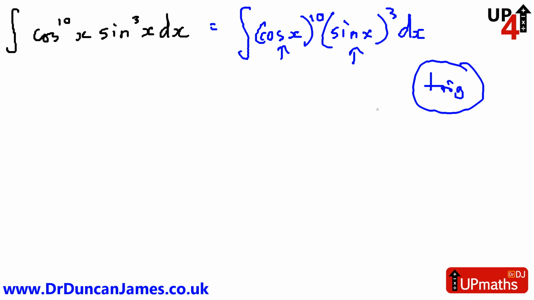You kind of go, if I could just magically change it, how would I change it so that I could do it? Well, if I could magically change it, I'd quite like to get rid of that 3. Because I know that I could integrate cos to the 10x sine x, because I use the substitution. And if you don't know what I'm talking about, don't worry, we'll come to that in a minute. But if you do, hopefully this overall explanation is helping.